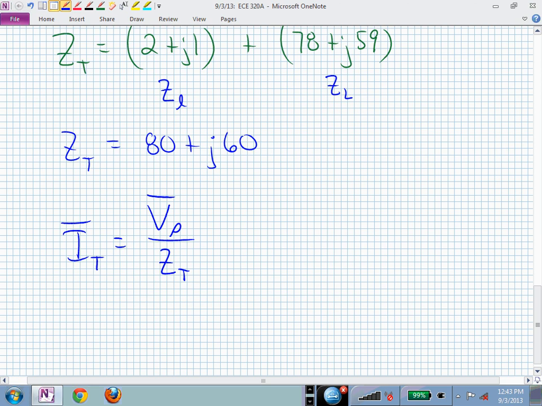And if I'm taking the ratio of these, I know that I was given my supply voltage to have a magnitude of 220 at a phase of 0. And I've just found my impedance total.